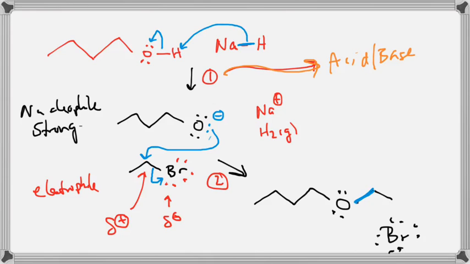In this case our alcohol acts as the acid to make a good nucleophile. Once we have the nucleophile, we can move to step 2 and perform a substitution reaction. Let's push it even further. What type of substitution reaction did we do here?